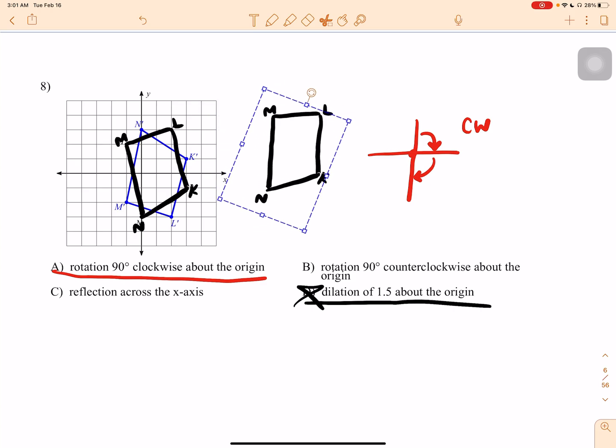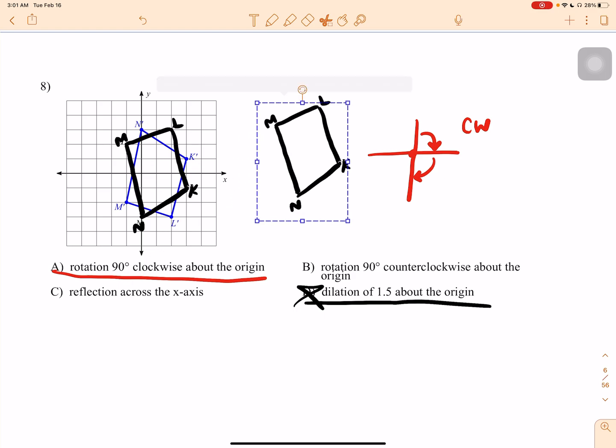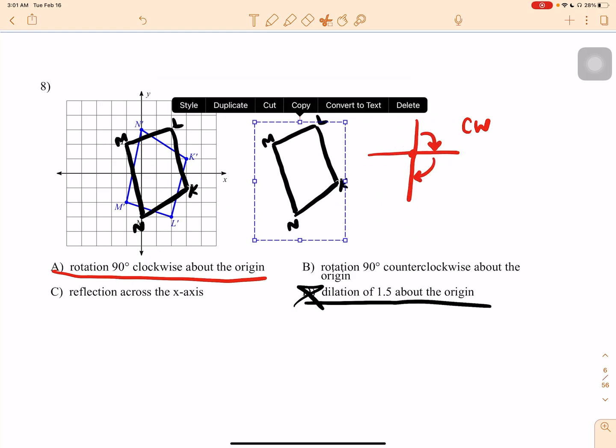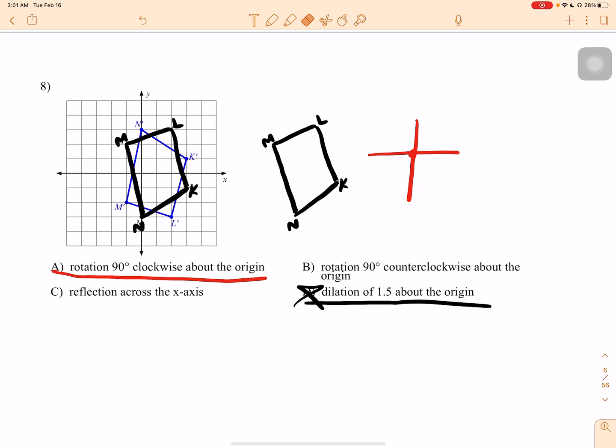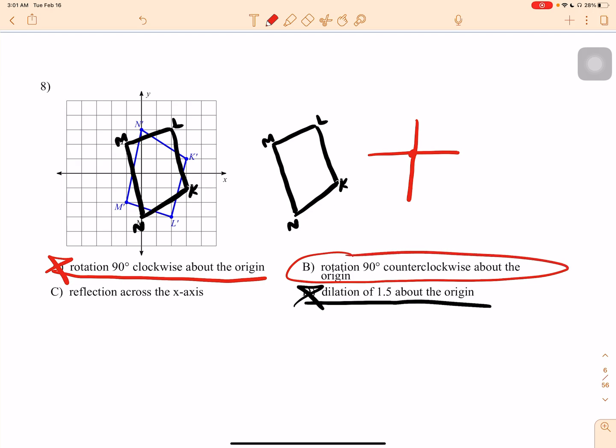So I'm going to go back to my original black shape. Because we know it's not A, this time we're going to test out 90 degrees counterclockwise about the origin. So I'm going to take this one more time, and we're going to go 90 degrees counterclockwise, which means to the left.